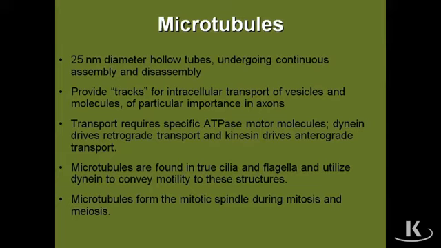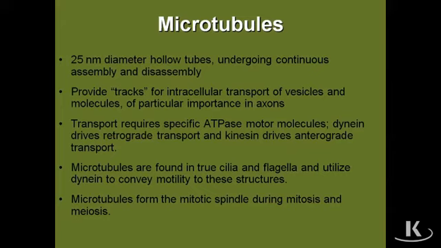They're particularly important in the nervous system because they are the subcellular organelle used in axonal transport in both the anterograde and the retrograde direction. Transport is an energy-requiring process, and dynein drives what's known as retrograde transport. Kinesin drives anterograde transport in neurons as well as any other cell type that utilizes microtubules.